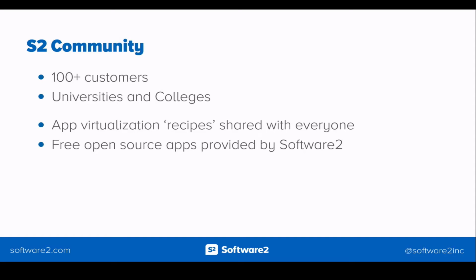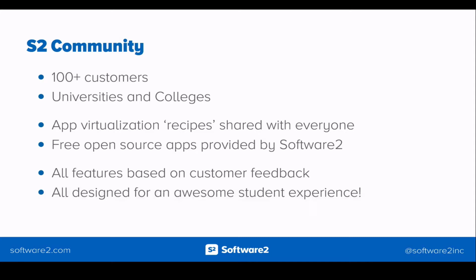But what's really great about Software 2 and the community is that all of the features that go into S2 Hub and into AppsAnywhere are all based on customer feedback. So everything that's built in has come from an idea from a university or college, and it's all designed to give an awesome student experience.